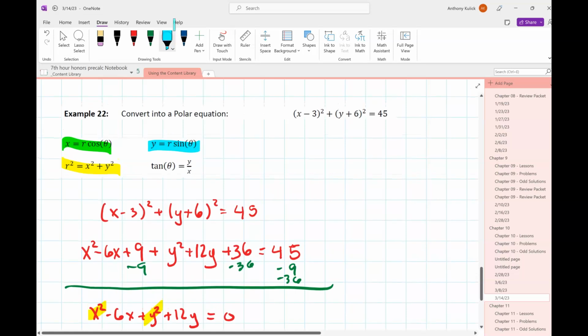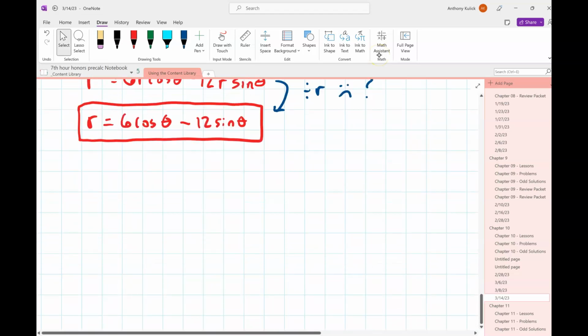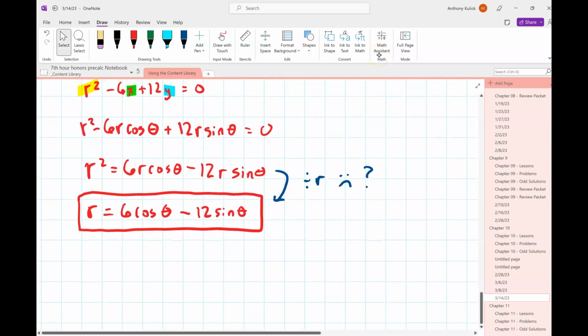What is this? It's not 0, 0, is it? It's a circle, right? None of those points, in fact, are probably 0, 0. I don't know that for sure, but it seems unlikely. So, since that is a collection of points, not just one single point, I know it's okay to divide by r here, because if r is 0, I'm not getting the picture.